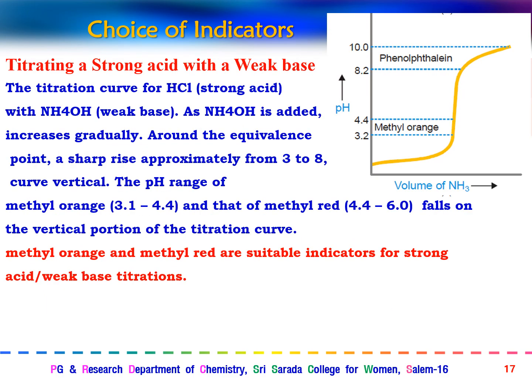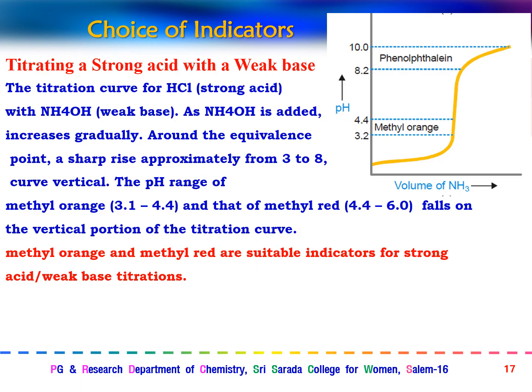The next one is titrating a strong acid with a weak base. You can see the titration curve for HCl, a strong acid, with ammonium hydroxide, which is a weak base. When ammonium hydroxide is added, the pH of the solution rises gradually. Around the equivalence point, a sharp rise in pH occurs approximately in the range of 3 to 8.